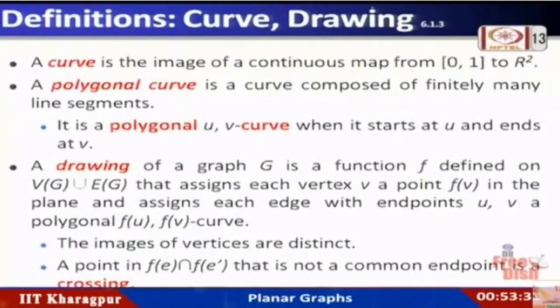A drawing of a graph G assigns each vertex a point f(v) in the plane and assigns each edge with endpoints u, v a polygonal f(u), f(v) curve. The images of the vertices are distinct. Given a graph, we require a function f, which is nothing but a drawing of this graph.